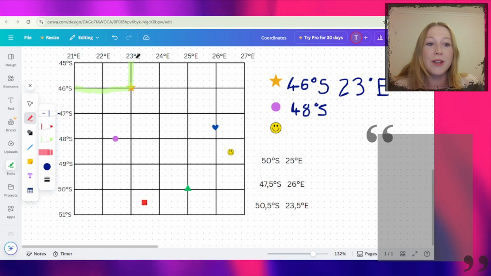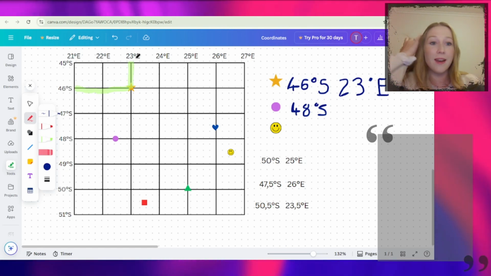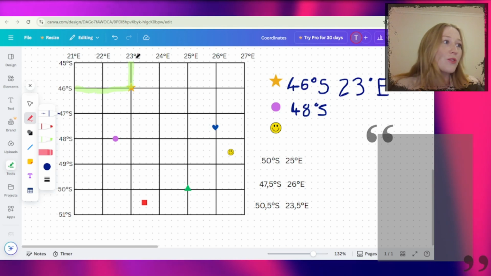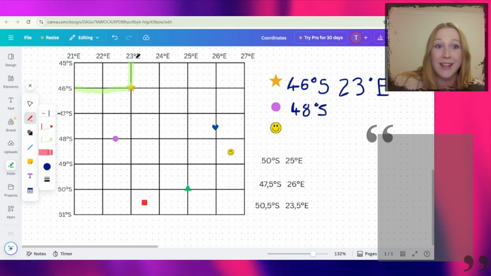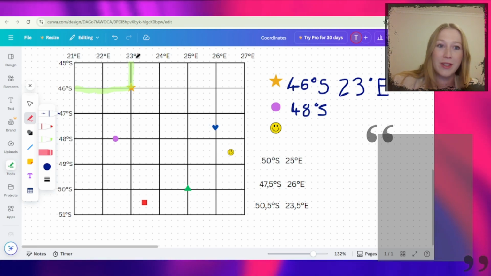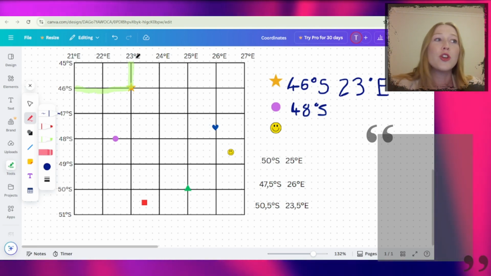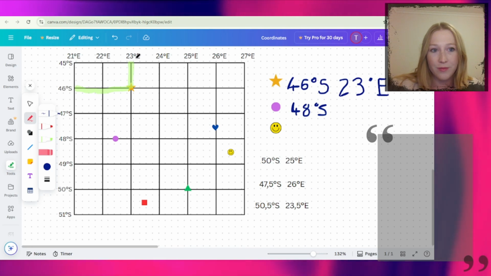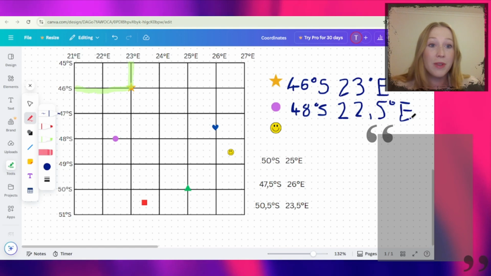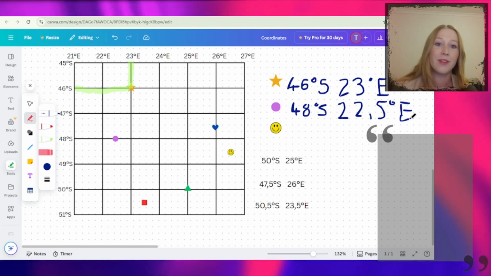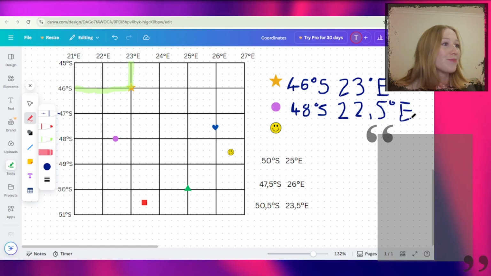Now, for this one alone, I will allow us to use the wrong units. Okay. So we're going to use the wrong units initially, and then I'll show you what the correct one is. So let's call it 22 and a half, because it's halfway between these two. Okay, now remember, this isn't quite correct. I will show you the correct one in a minute.